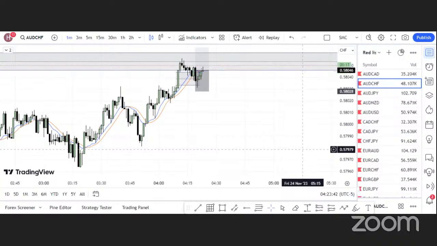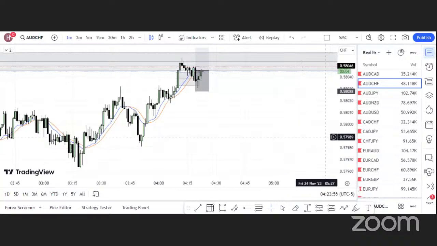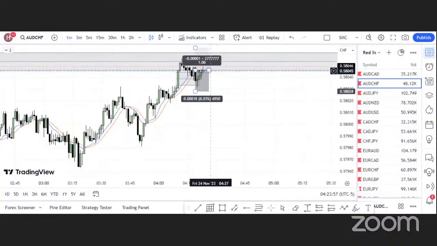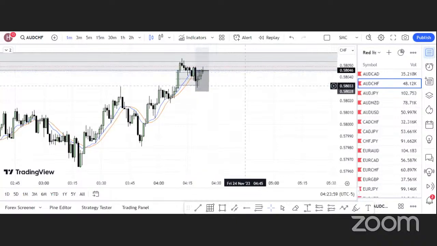We are still holding. The trade hasn't gone against us yet. We bought from here, and the trade is currently at the area where we bought from.